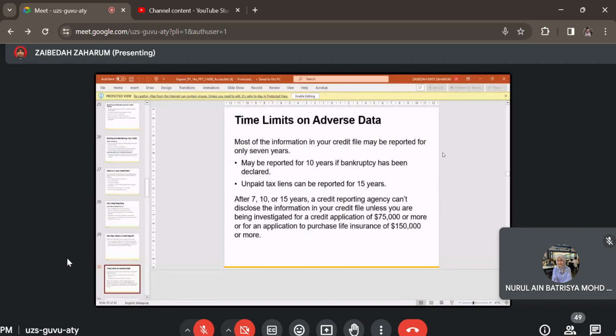Ini dia punya berapa tempoh informasi dalam credit file kita tu disimpan lah. Okay. Ada yang 10 tahun, ada yang 15 tahun. Okay. Dan bila sampai tempoh tersebut, okay, so the credit reporting agency tadi tu can't disclose the information in your credit file unless you are being investigated for credit application. Okay, itu dia punya time limit lah.